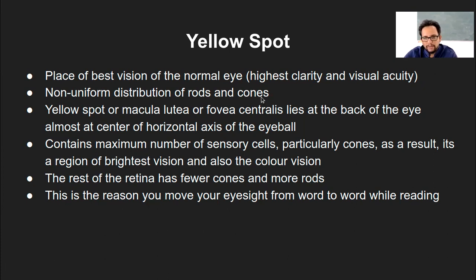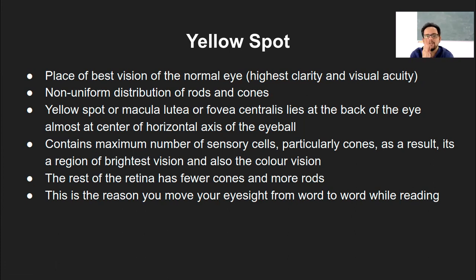And why do we keep on moving our eyes while we are reading? This is the reason why you move your eyesight from word to word while reading. When we read, we don't look at one point and then read. We actually keep shifting our eyesight from point to point, that is, from word to word.